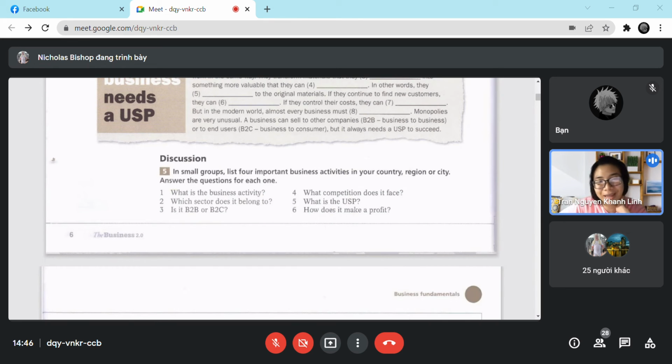How does it make a profit? Okay, so this one I'm not really sure about. I think that my grandparents also sell some of their products to other people working in Saigon, so they can sell directly to people who live here.